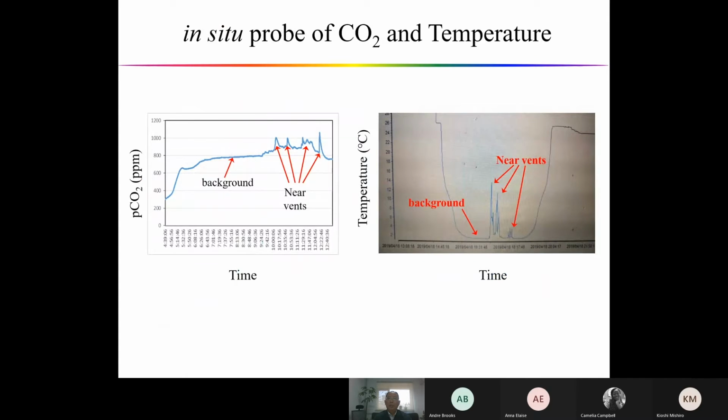We also obtained vent data of carbon dioxide and temperature with in situ probes. Carbon dioxide and temperature are obviously higher near vents than that of background. The variations are good parameters for finding active hydrothermal vents.